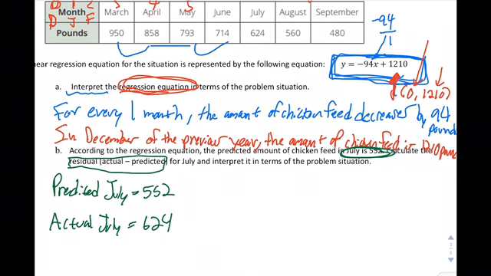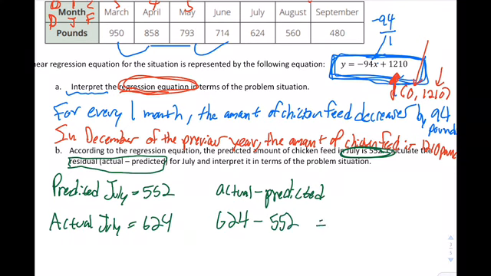In this formula, actual minus predicted, what was the actual amount in July? There were 624 pounds left of chicken feed in July, where the equation predicted 552. If I calculate 624 minus 552, we get 72.